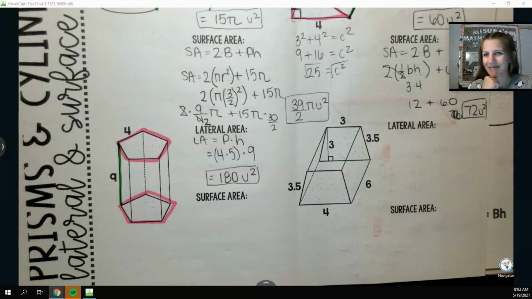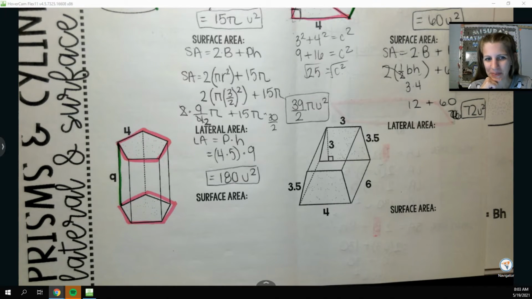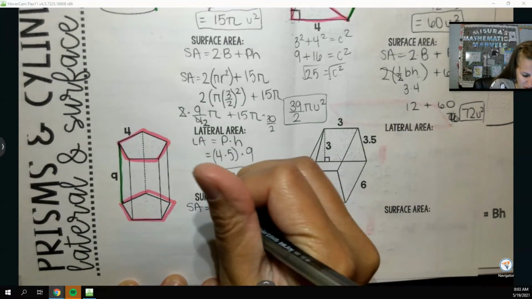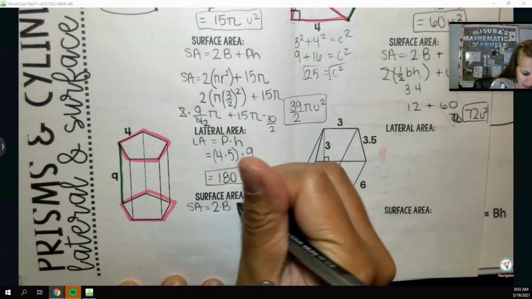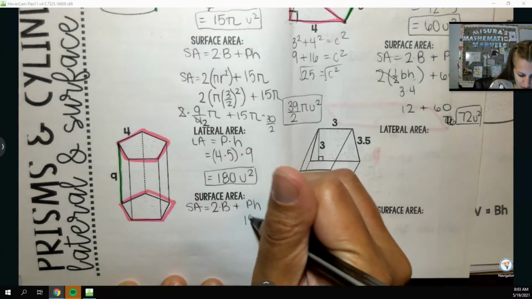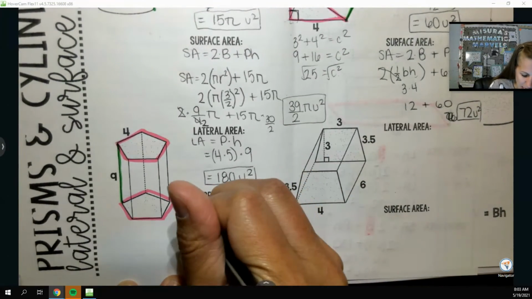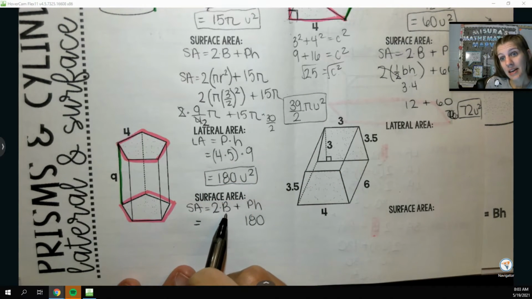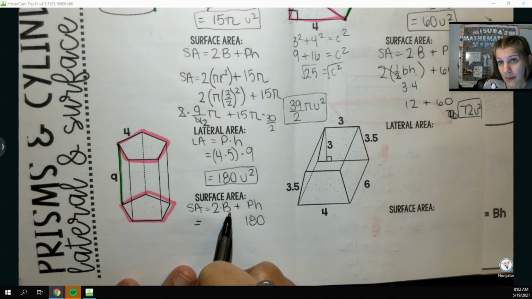Now, unfortunately, that was the easy part. Because now when I want to go find surface area, I'm going to have to do 2 times the area of the base plus that lateral area, the perimeter times height, which I already know is 180. The tricky thing now is finding the area of the base shape.